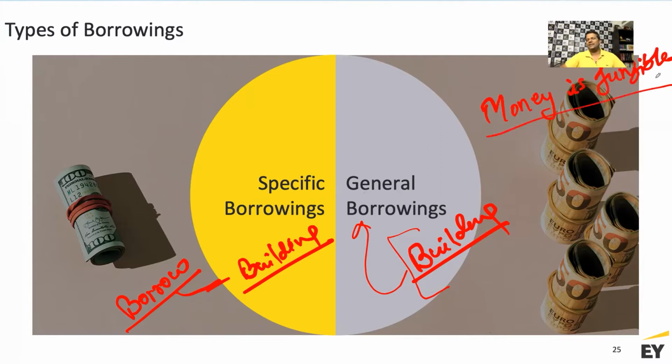What does this mean? Money is fungible means that money in your left pocket or right pocket doesn't matter. It's the same currency, the same cash sitting with you.